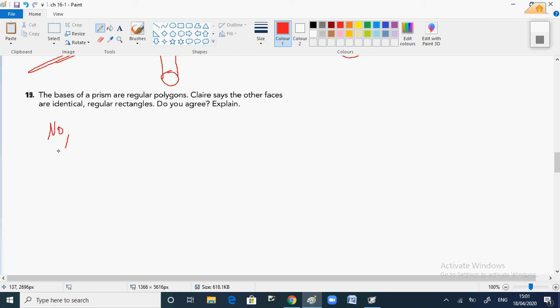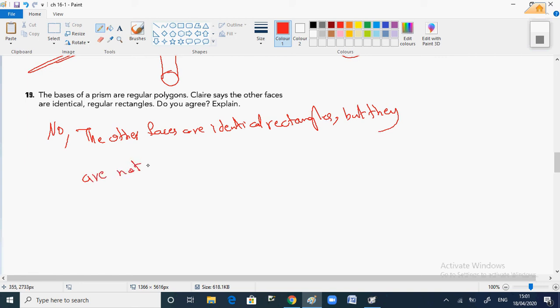Because the other faces are identical rectangles, but they are not necessarily regular.